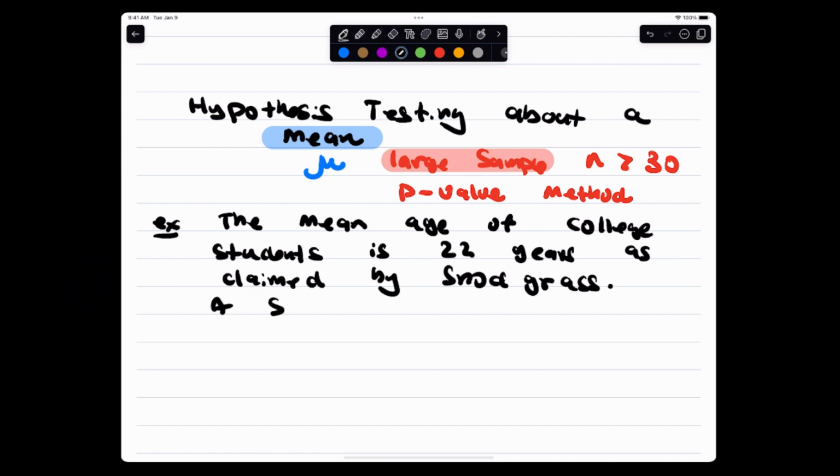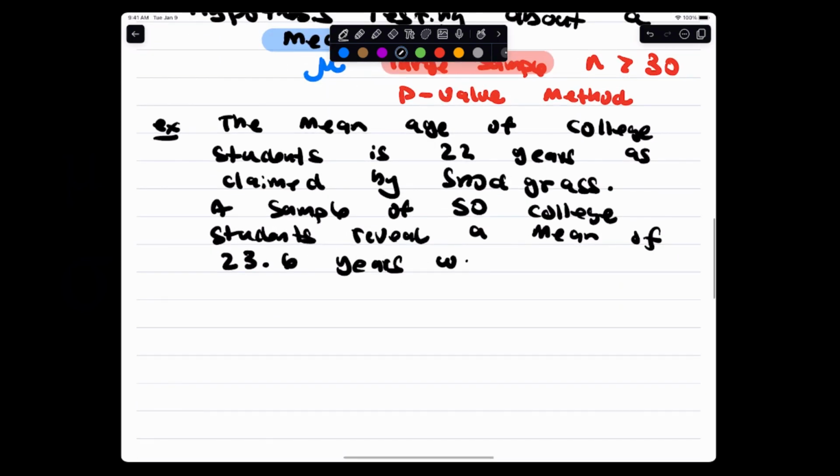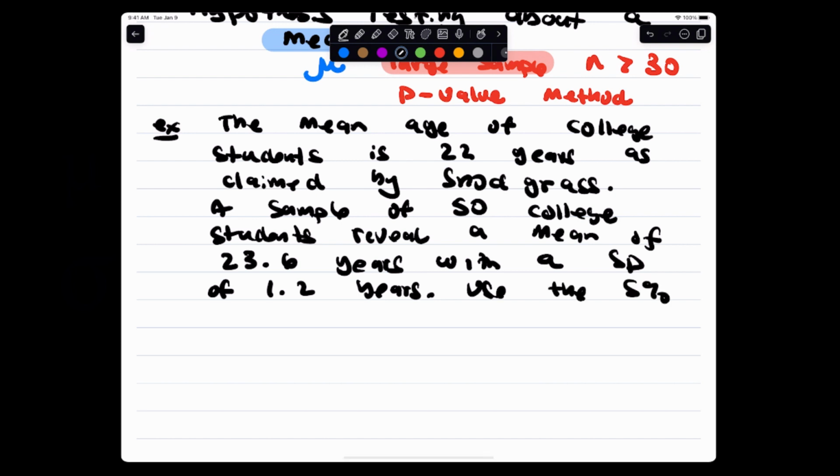And then again, they're going to say a sample of 50 college students reveal a mean of 23.6 years, with a standard deviation of 1.2 years. Use the 5% level of significance to test this claim.